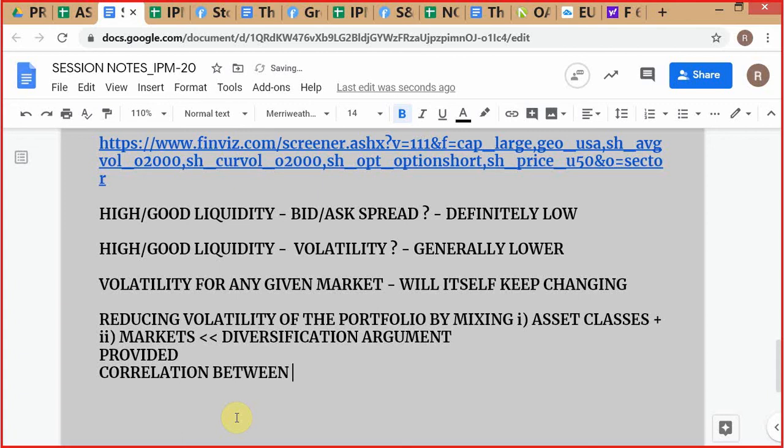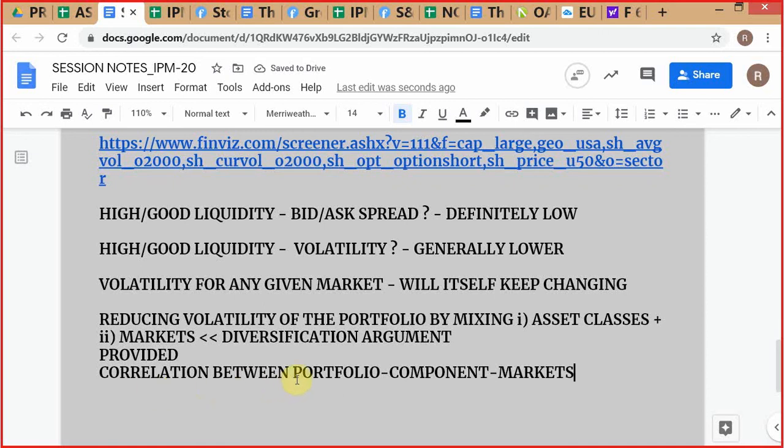So, provided correlation between portfolio component markets. That means the markets which constitute your portfolio. Remember, each asset is like a market because you are trading it against money, usually.